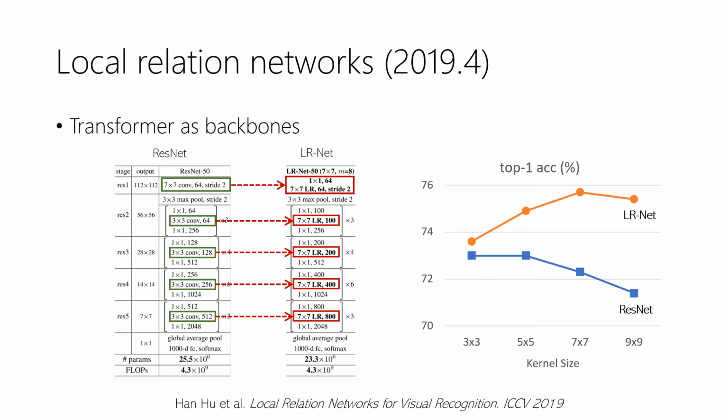Here, we compare this network with ResNet on ImageNet classification. The blue curve shows the results of ResNet, which is based on convolution layers. The orange curve shows the results of our local region networks. The transformer-based local region network is 2.7% better than ResNet.